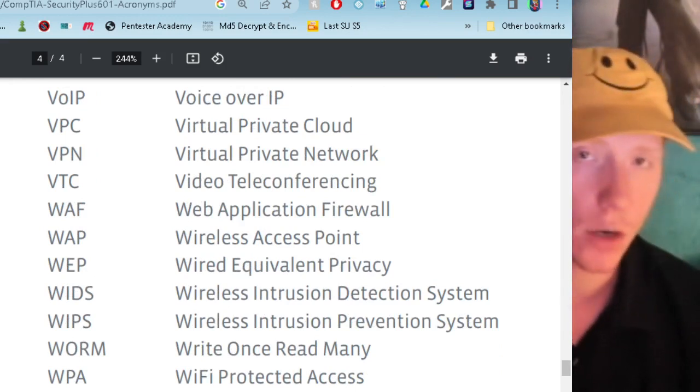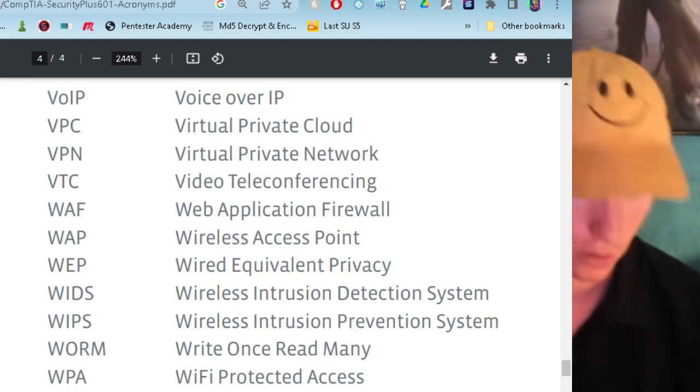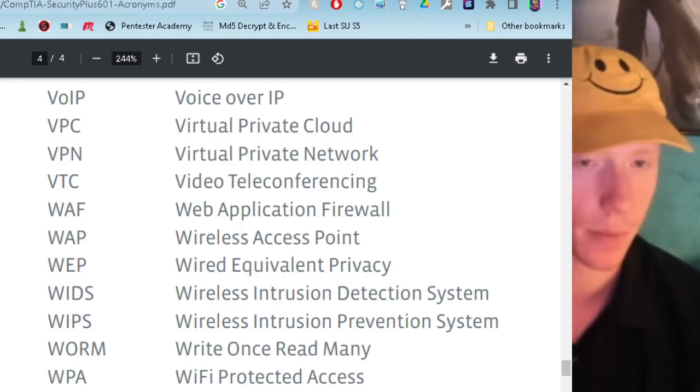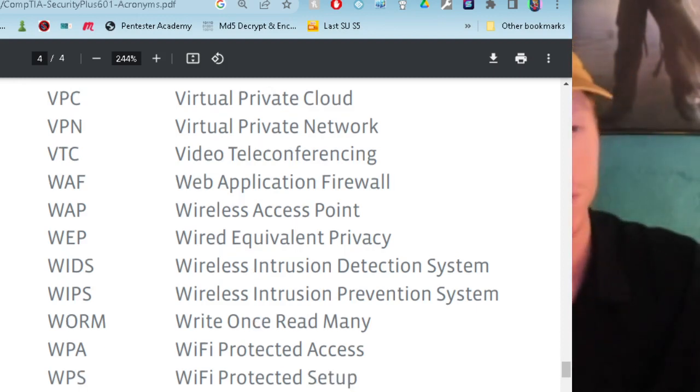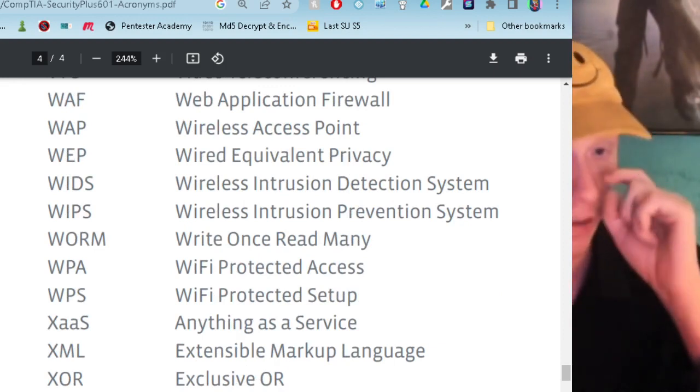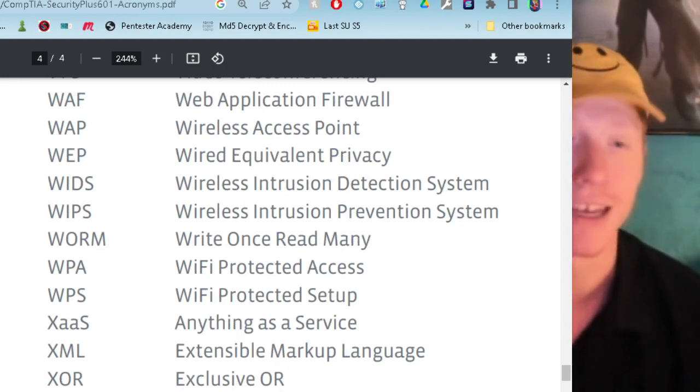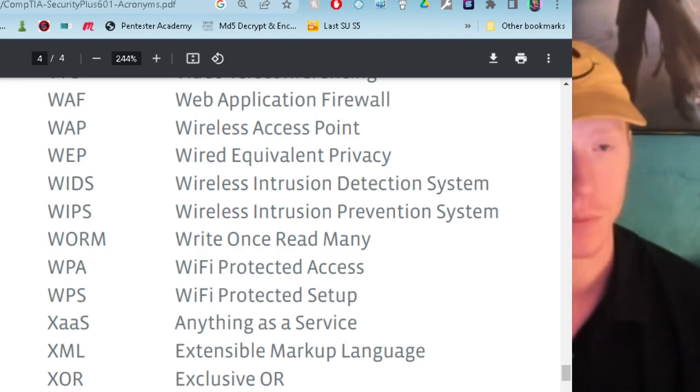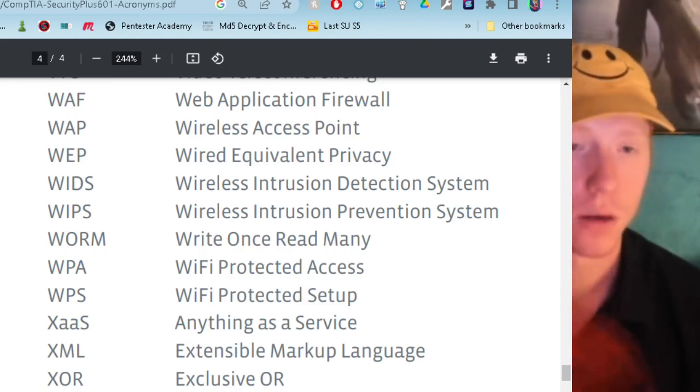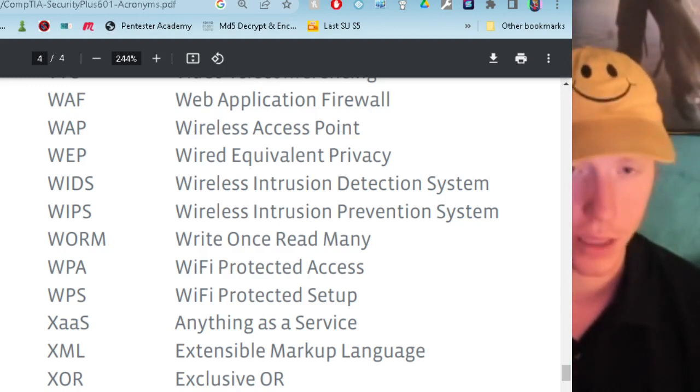VTC is video teleconferencing. That's what we've all been doing on Zoom the last couple of years. WAF, Web Application Firewall. WAP, Wireless Access Point. WEP, Wired Equivalent Privacy. WIDS, Wireless Intrusion Detection System.